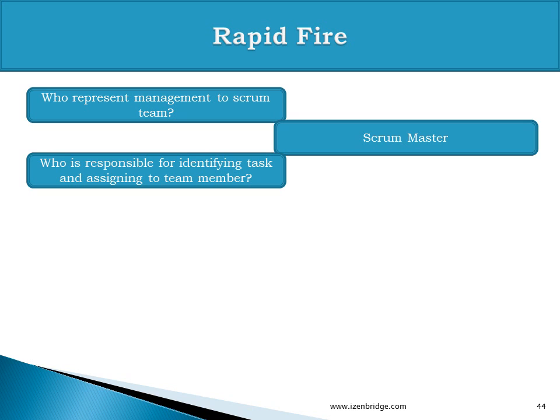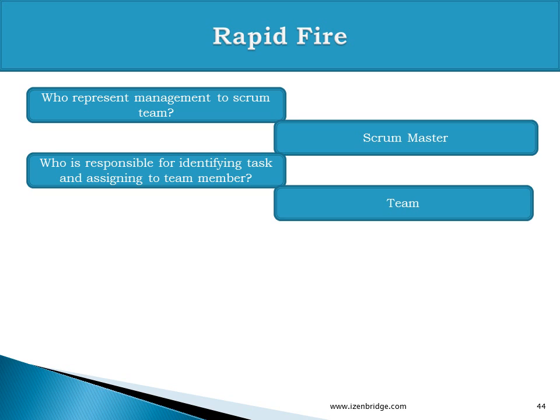Sometimes we think it falls under the responsibility of the Scrum Master, as the project manager used to do. But in Scrum, it is done by the self-organizing team. The Scrum Master is not expected to assign resources to tasks, but needs to ensure the team does it on their own.